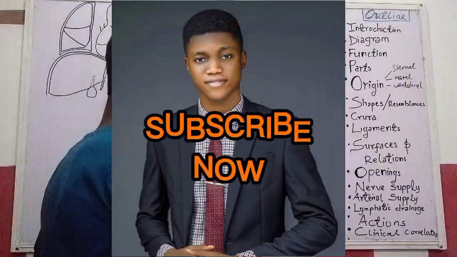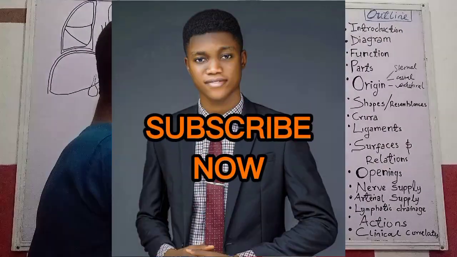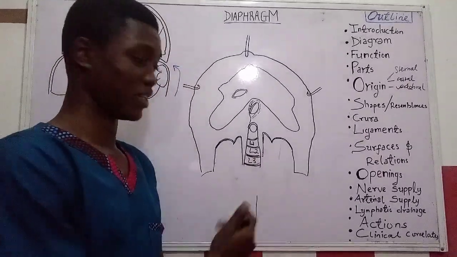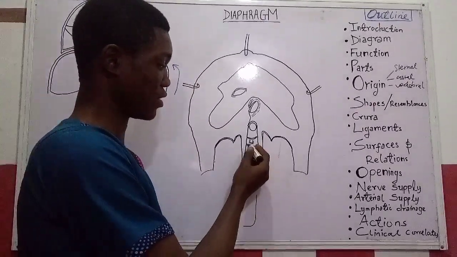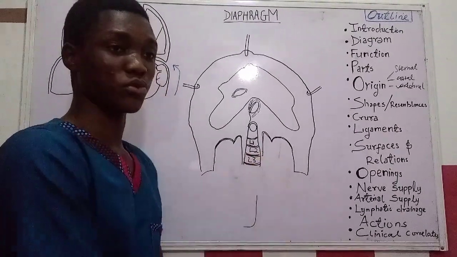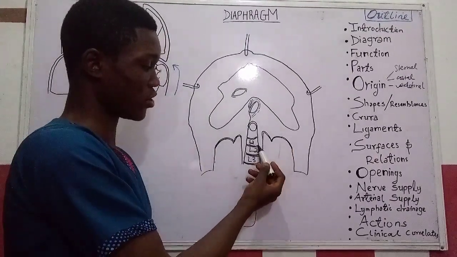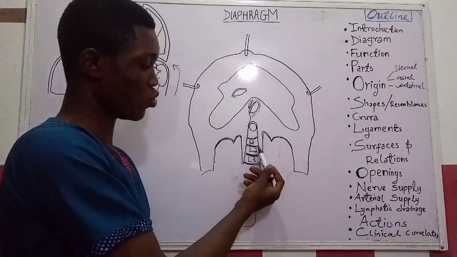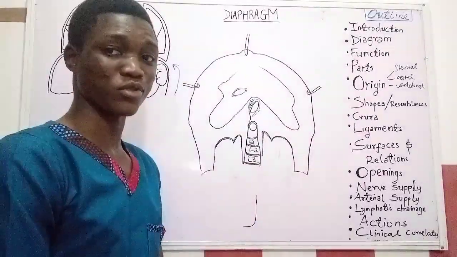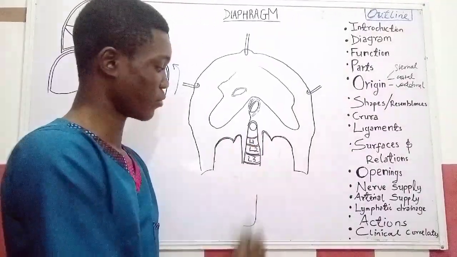So you have L1, L2, and L3 vertebrae with their intervening intervertebral discs located around here. So then the left crus is arising from just L1 and L2 with their intervening intervertebral disc. Note, from their anterolateral surfaces, as you can see.